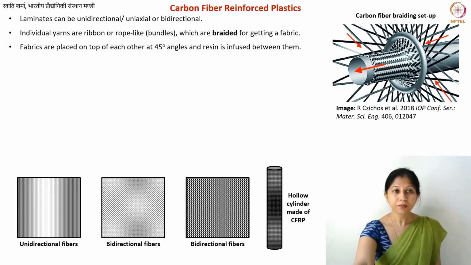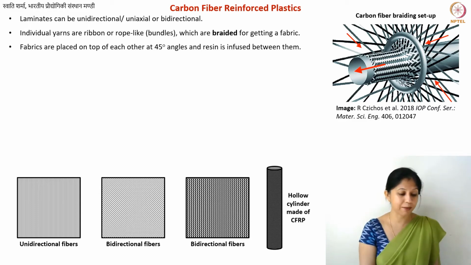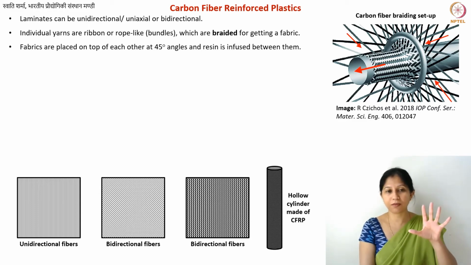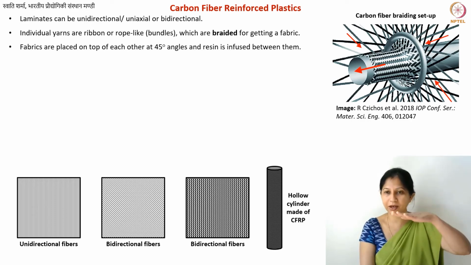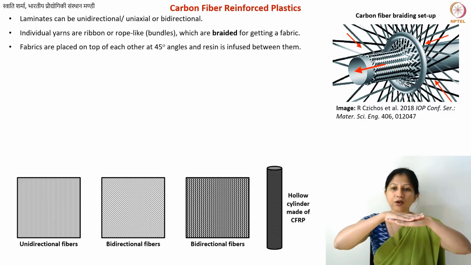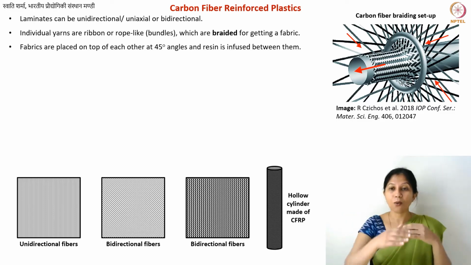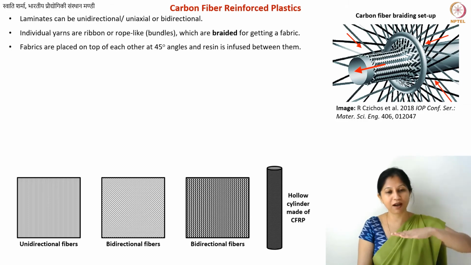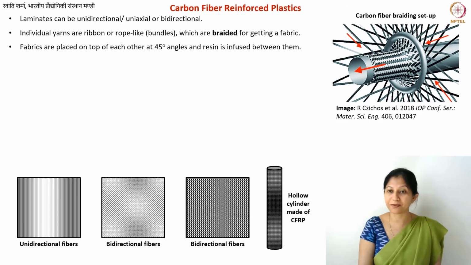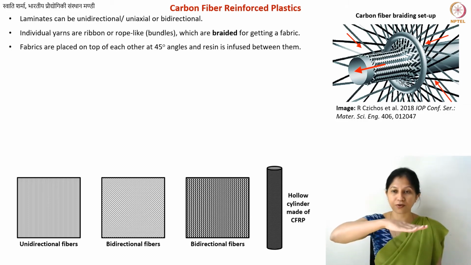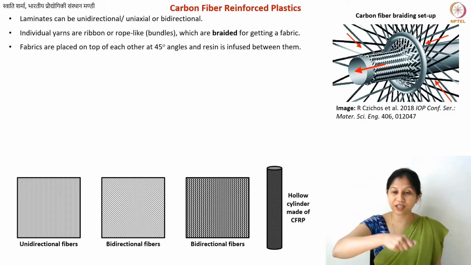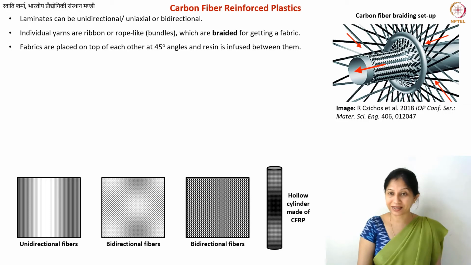Okay. So when you make laminates, first of all you have unidirectional or bidirectional laminates, but still when you place them on top of each other, you will often place them at an angle of 45 degrees. Why do you do that? Because if you have 10 layers of carbon fiber, and each one of them is rotated by a 45-degree angle, then it can withstand much more mechanical stress.